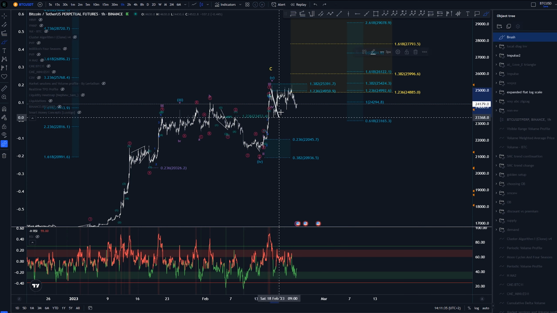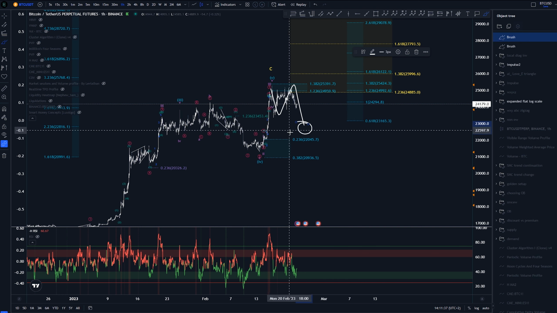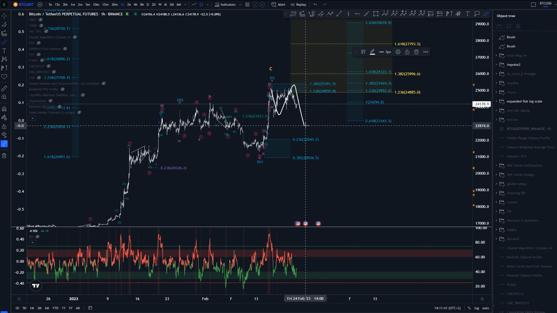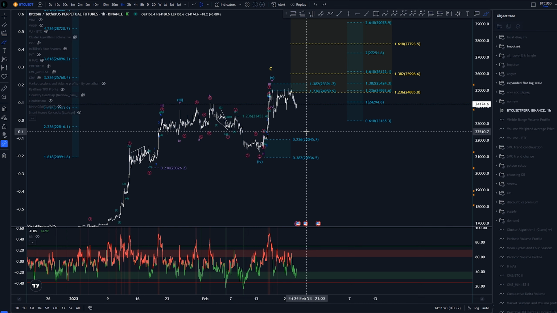Once we come down in three waves, down to somewhere around here, less than 23k, then we can be starting to look for long setups as well as at least a hedge against the shorts that we have built.